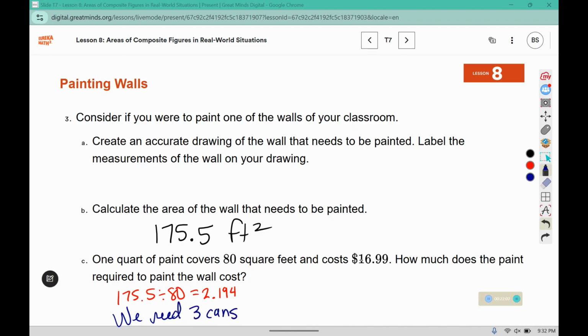And it says each can costs $16.99. So if we need 3 cans and each one costs $16.99, we're going to multiply that price by 3. $16.99 times 3 is $50.97.